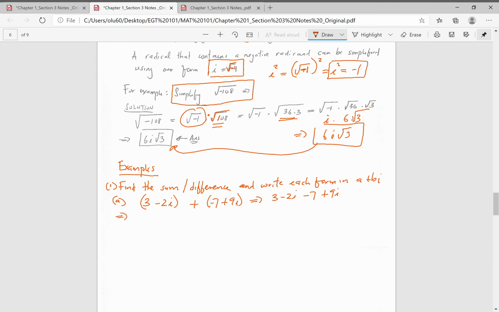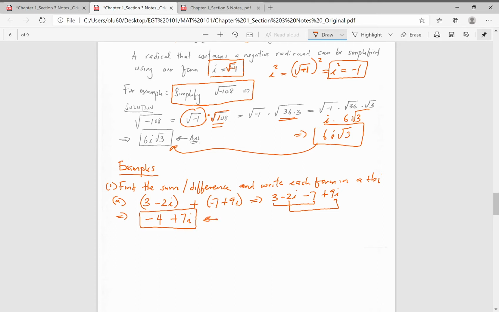When we solve, we bring the real terms together, such as 3 and negative 7. Those are the real numbers, and then the complex numbers will be negative 2i and 9i. So 3 minus 7 will give us negative 4, and then negative 2i plus 9i is going to give us a positive 7i. Okay, so this is your answer right here.